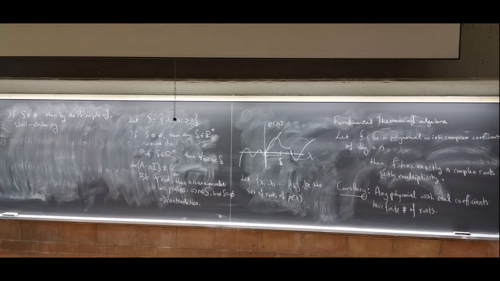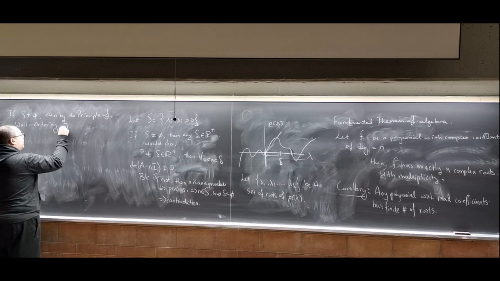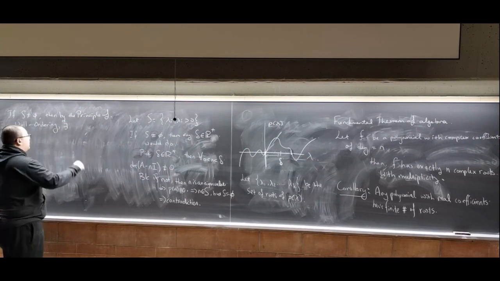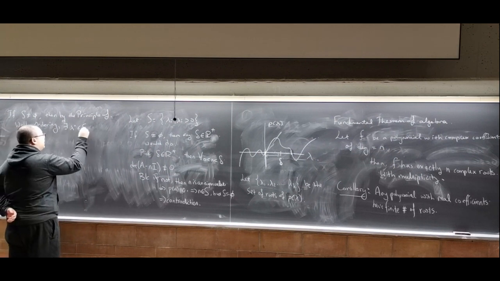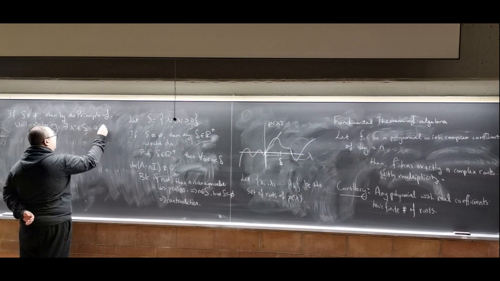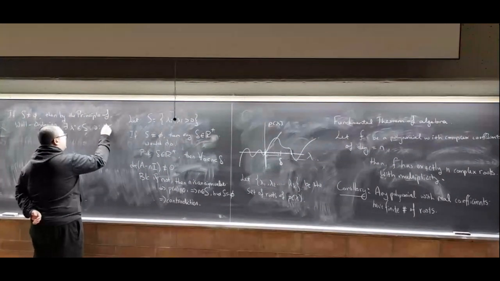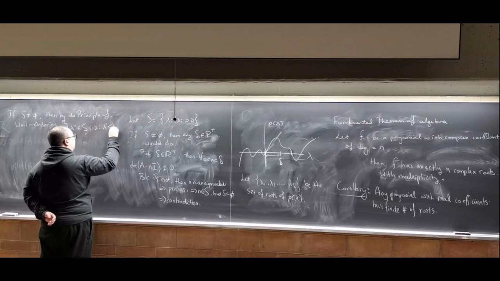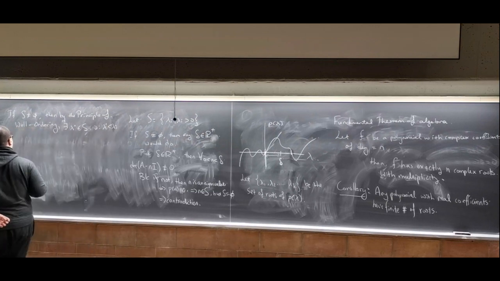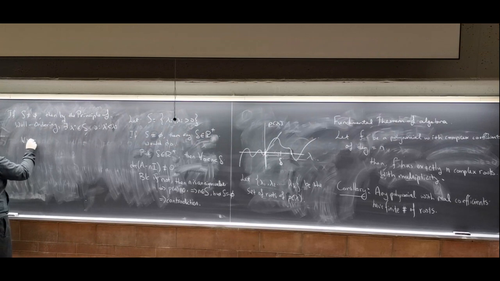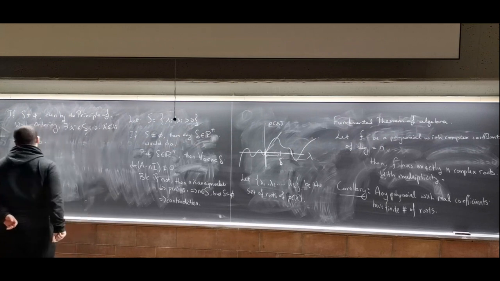I don't know if you guys still remember this principle. There exists such a lambda, let's call that lambda prime, in S, such that lambda prime is less than lambda i for all lambda i in S. Less than or equal to would work too, doesn't matter.